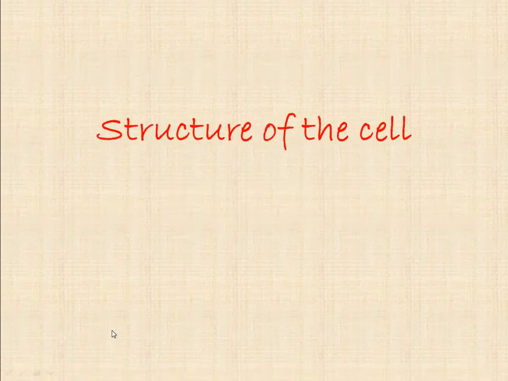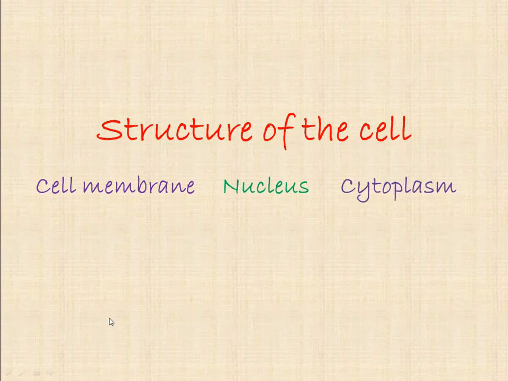In this session, we will continue to understand the structure of the cell. To understand the structure of the cell, we have divided the structure into three parts: cell membrane, nucleus and cytoplasm. In the previous sessions, we have covered cell membrane, nucleus and cytoplasm.